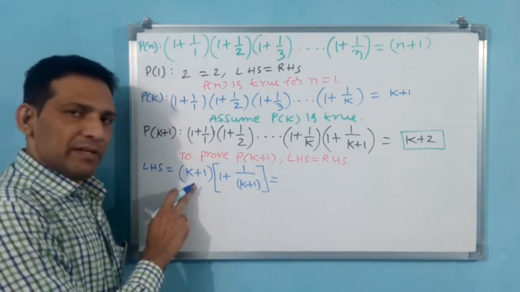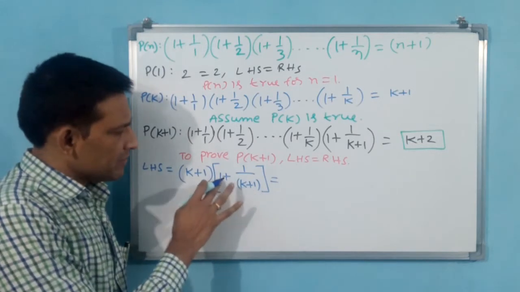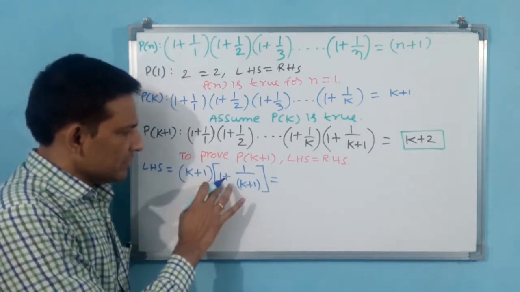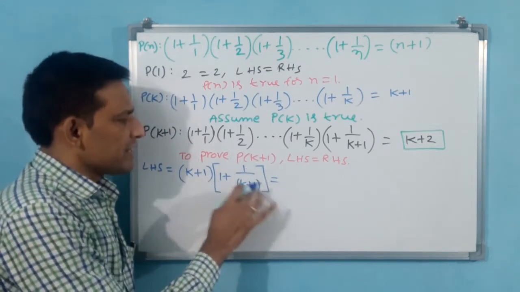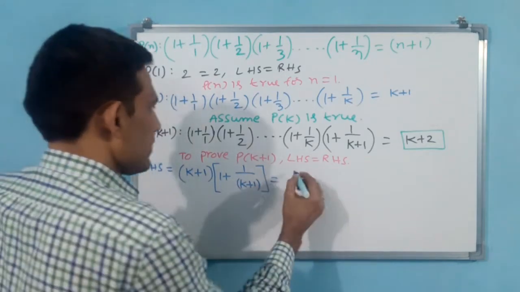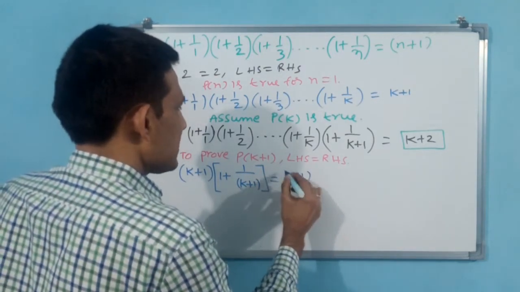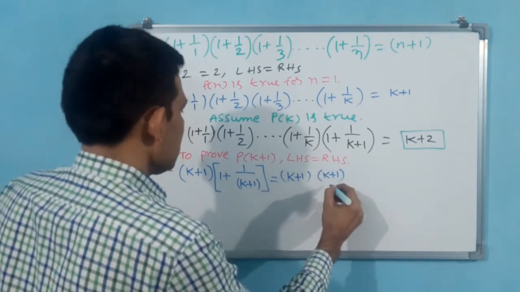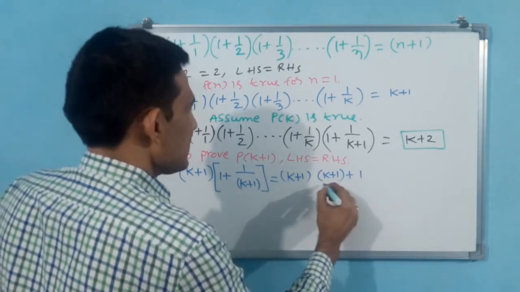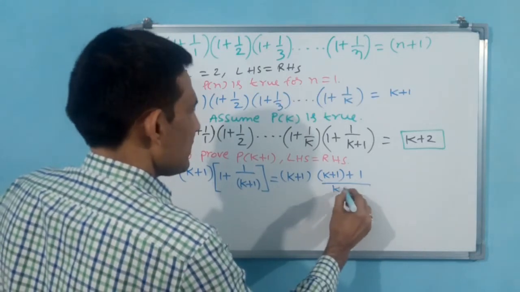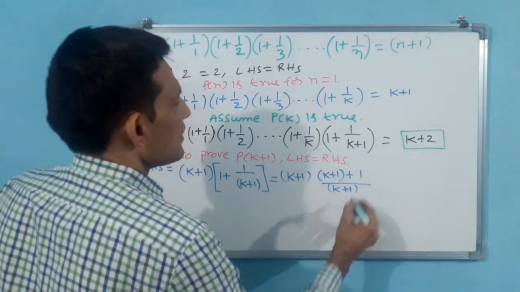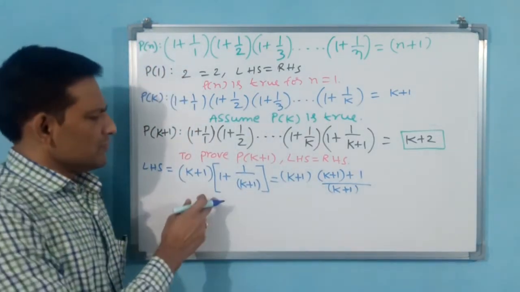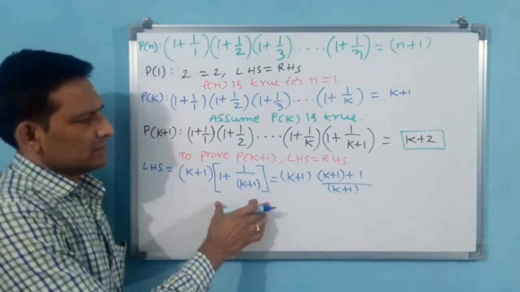Okay. Now, k plus 1, like that only you keep k plus 1 into 1 plus 1 divided by k plus 1. You write down: k plus 1 into, here you see, k plus 1 plus 1 by k plus 1. Is it okay? Now you don't require this bracket.